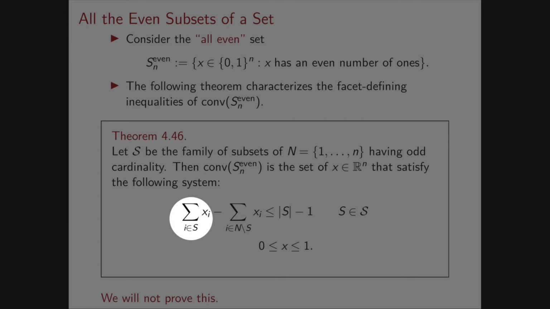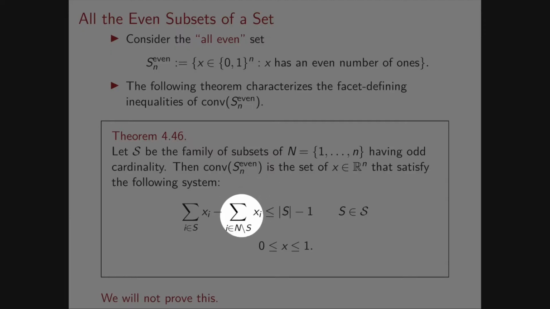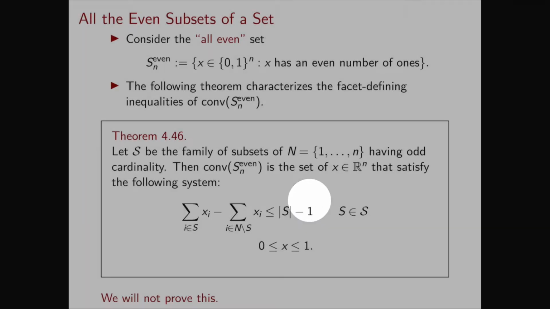Well, since there is only an even number of x_i's that are equal to 1, this sum is even and smaller than the cardinality of S, so it's upper bounded by the cardinality of S minus 1. Now, in the second case, there are some x_i's at 1 outside capital S. So in this sum here, you're removing at least 1, so you have at least a minus 1. This is at most the cardinality of S, and so you obtain this inequality.